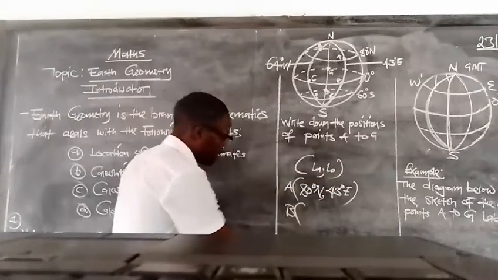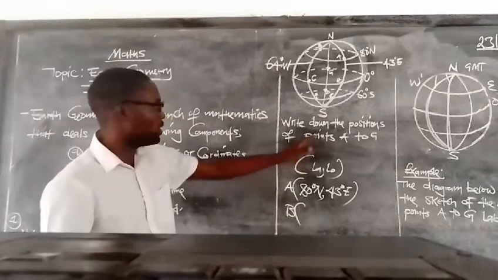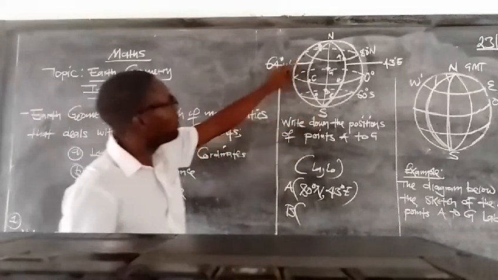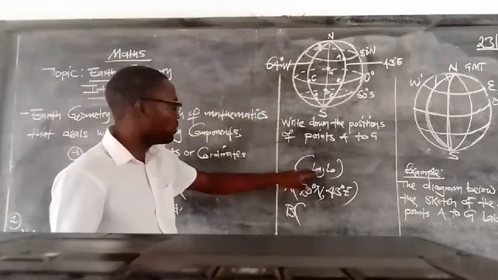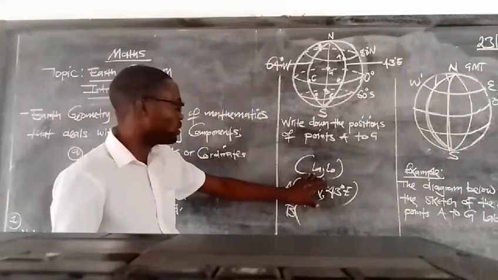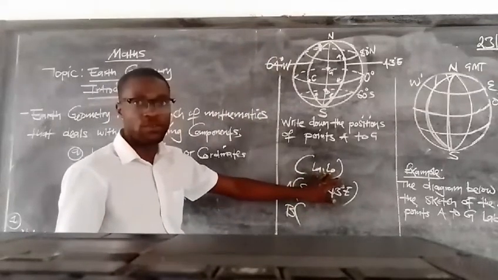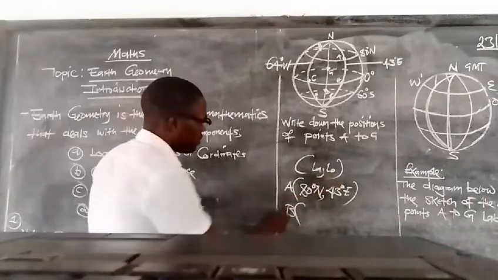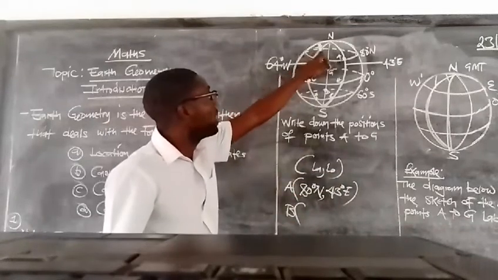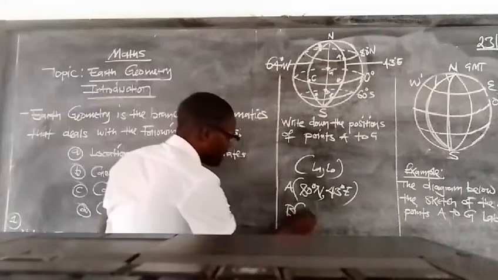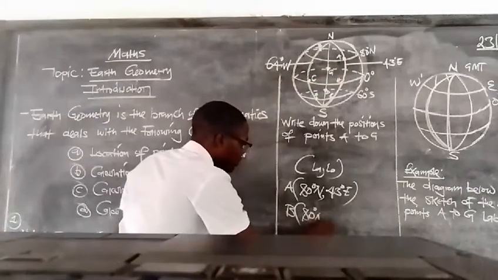Let us also look at B. Let us try to locate point B. Where is B? B is there. So always we should start with the lines of latitude, followed by the lines of longitude. So the line of latitude where B is, that is B. The line of latitude, of course, we maintain that is 80 degrees north.